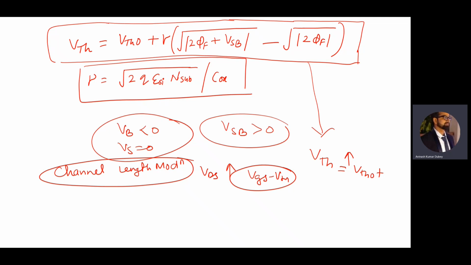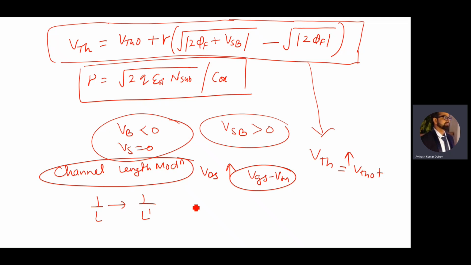Because of pinch off, the effective length of the channel decreases, and because of that, 1 by L is converted to 1 by L dash. The effective length is converted to L dash, and that effect is called channel length modulation.